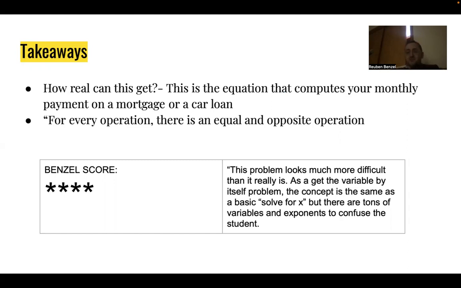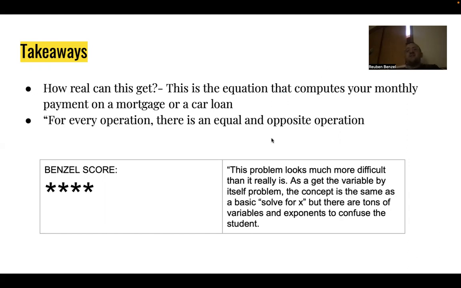And this question is based off of a simple mantra that we see in math. For every operation, there is an equal and opposite operation. So we can multiply by the reciprocal to get rid of a fraction. That's actually a pretty simple idea, but this is probably one of the most complicated ways that you are ever going to see this simple idea be assessed.